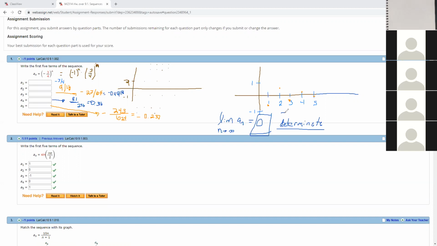It converges. Converges, good. Towards what? To 0, good. It converges to or towards 0.